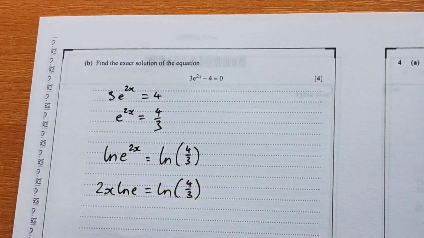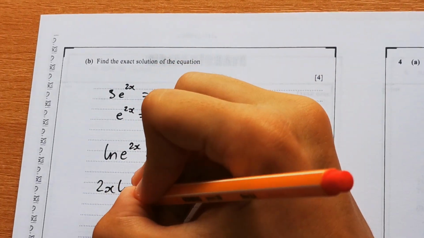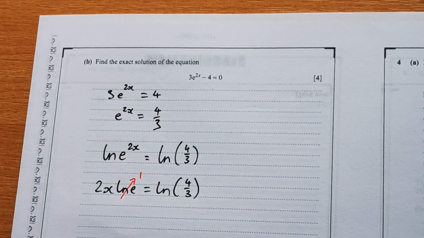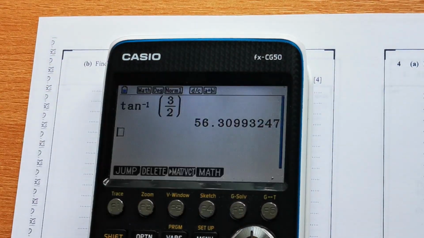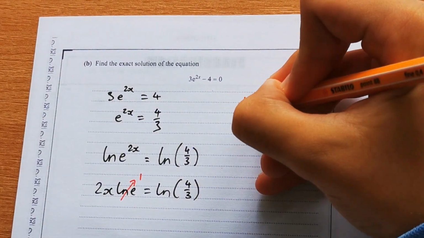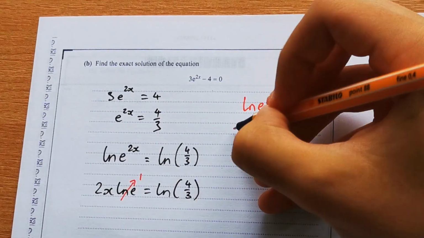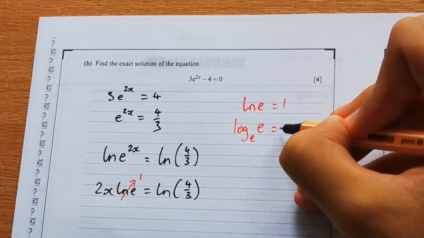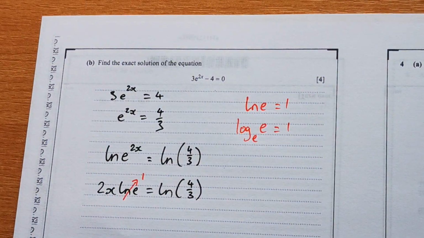Now, a great thing about ln e is that ln e equals 1. You can check that on your calculator if you do not believe me. That's because it's log base e of e. I'll write that up here. ln e equals 1 because e to the power of 1 is e.